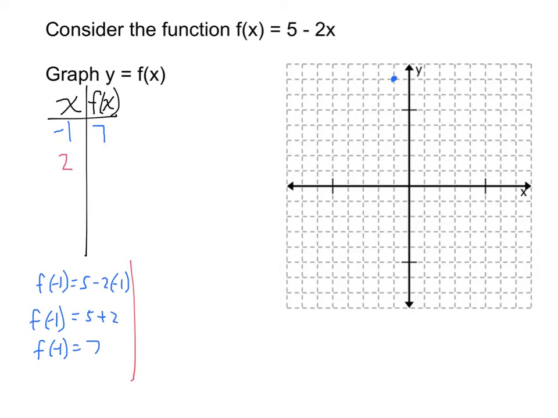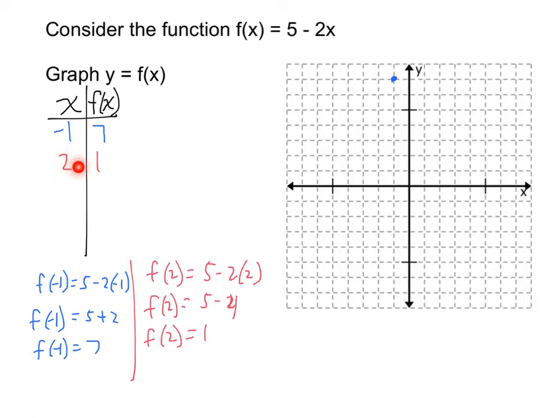I'm just choosing some that I think will work out nicely here. So when I input 2, my output is going to be 5 minus 2 times that input of 2. That ends up being 5 minus 4, which is 1. So when I input 2, my output is 1.